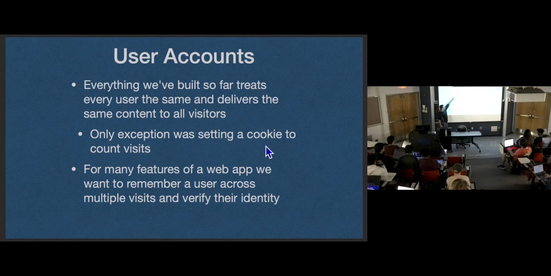The only thing that we did so far was the visit counting cookie. Even if you've done up to Objective 1 on Homework 2, which, by the way, you can do right now, nothing's stopping you. Objective 2, we'll talk about today and Wednesday. After Wednesday, you'll be able to do Objective 2.